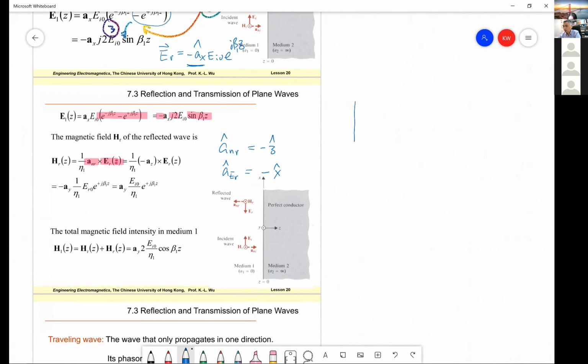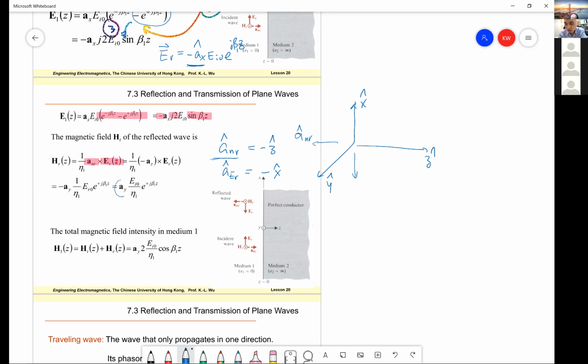So let's look at our coordinate system. It's defined like this: X, Y, Z. The reflected wave is in the minus Z direction. This is A_R, right? So minus Z cross minus X is in the Y direction.